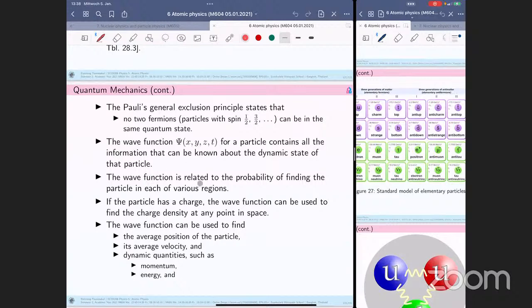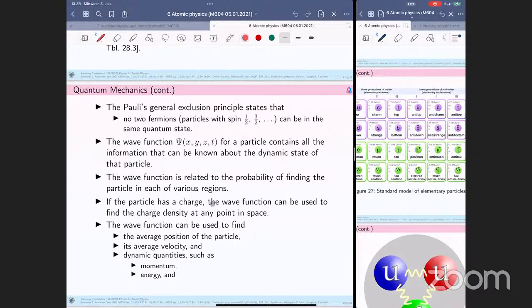Actually, the psi function is needed because we talk about small particles, and we could not tell exactly where a particle is. The exact location of that particle might not be easily found.